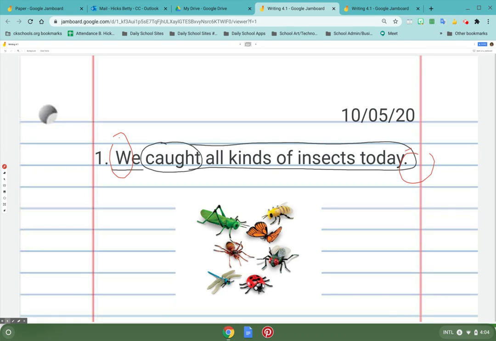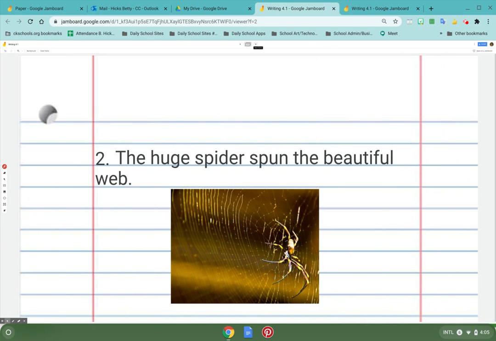Does my sentence end with a period, a question mark, or an exclamation point? Then I find somebody to read it to. So I say, "Mom, listen to my sentence and see if it makes sense. We caught all kinds of insects today." You've checked your capitals, you've checked your punctuation, you have a subject, you have a predicate and a verb starting the predicate. You're great. All right, so then I move on to my next sentence.